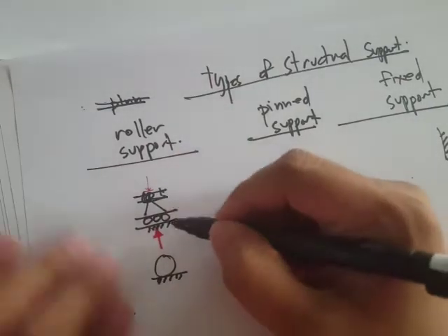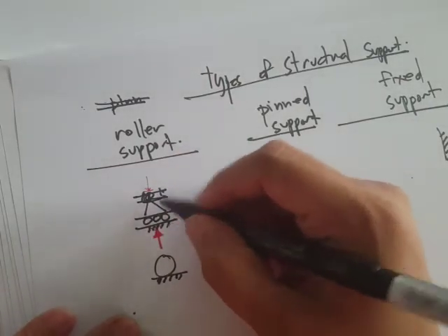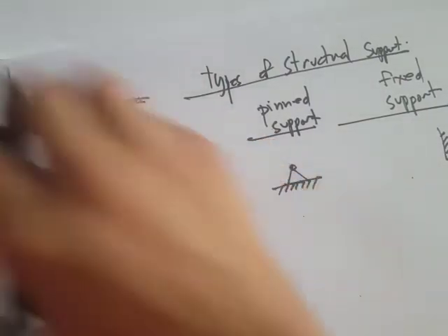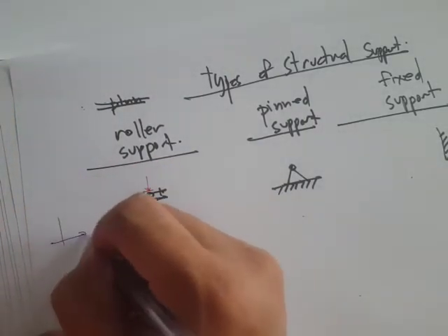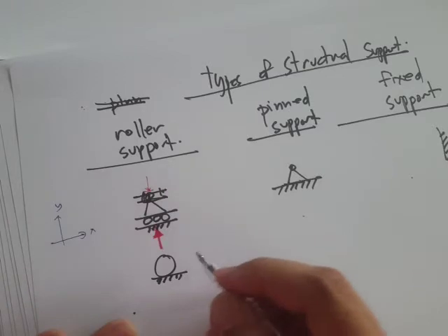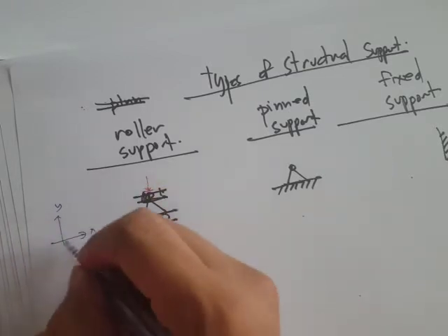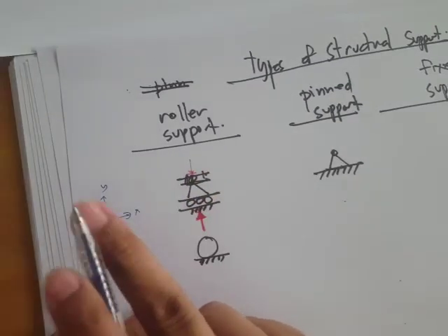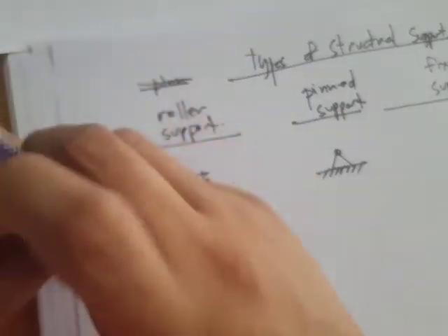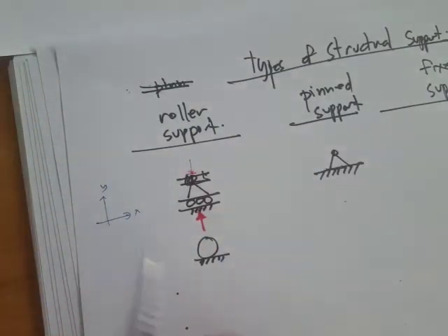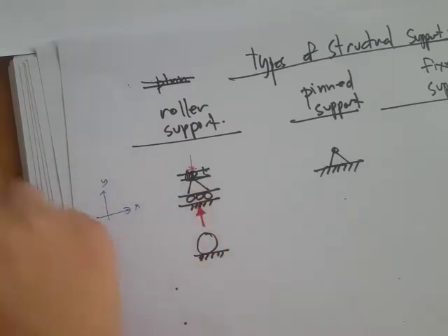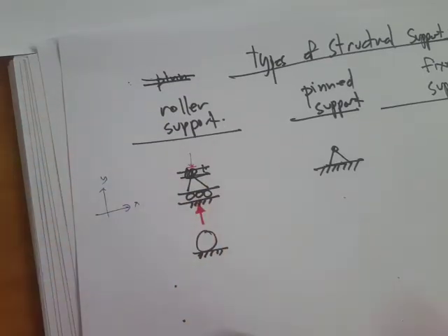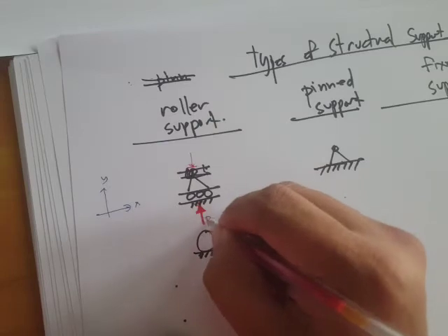Okay, so for a roller support, the assumption is that there is a reaction. Let's say this is x and this is y, for example. And then the z-axis is orthogonal to the page, meaning at 90 degrees to the page. So the reaction we have is along y. So let's write Ry.